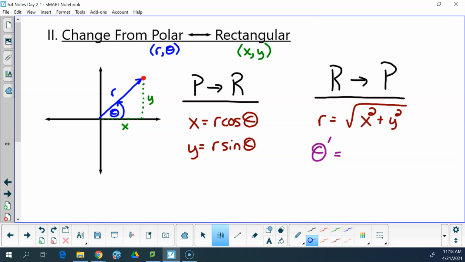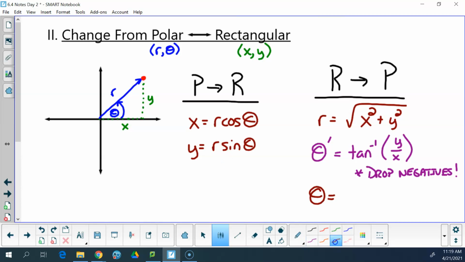Theta prime is going to be the inverse tangent of y over x, remembering that we drop the negatives. Then you're going to have to adjust that for whichever quadrant theta is in.